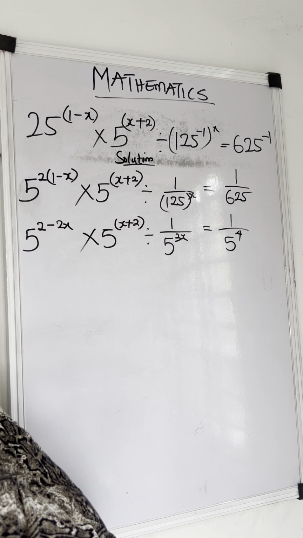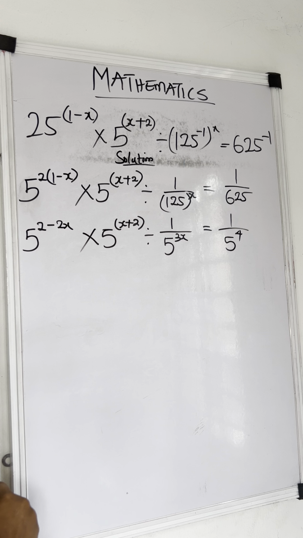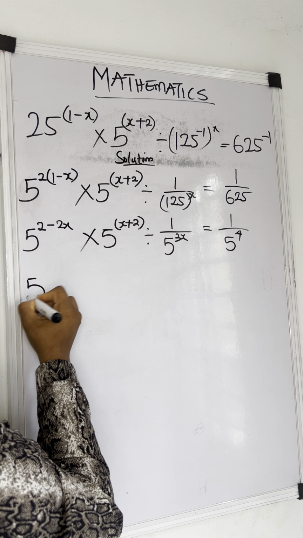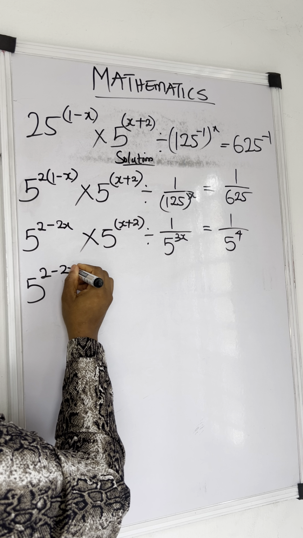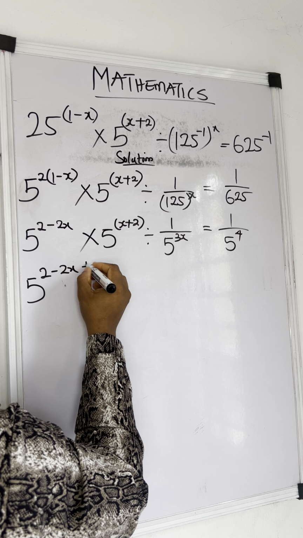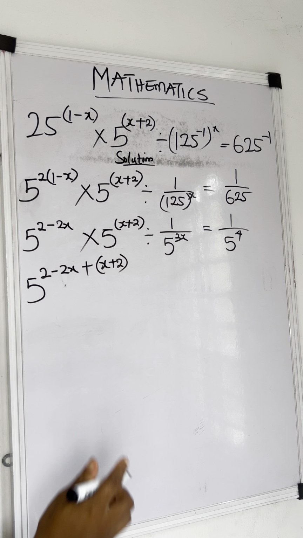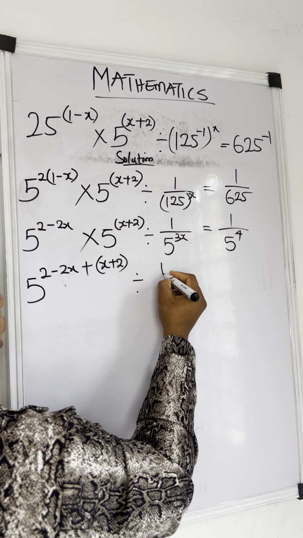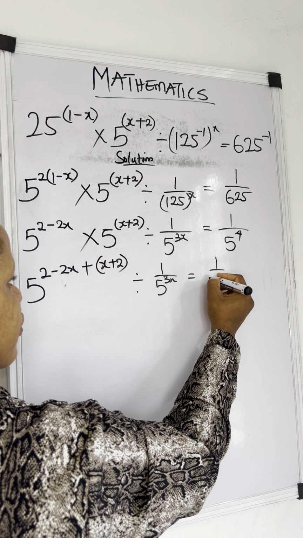So now remember, when the bases are the same and we are multiplying, we add the powers. So for these first two, we're going to have 5 raised to power 2 minus 2x plus x plus 2. That's for that one. Let's still bring this divided by 1 all over 5 raised to power 3x, equal to 1 over 5 raised to power 4.